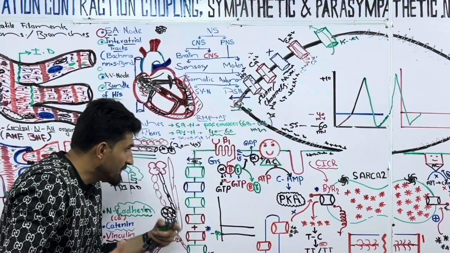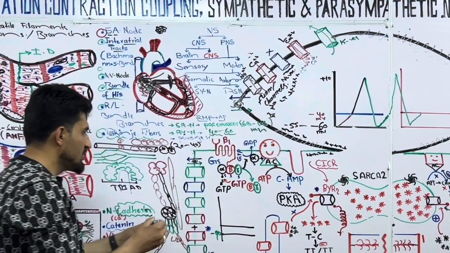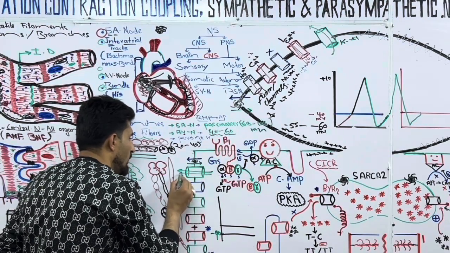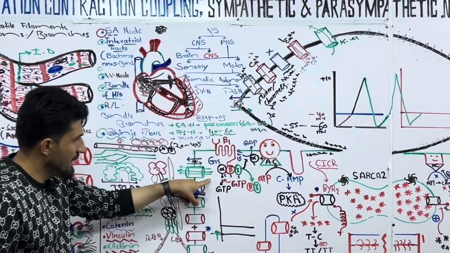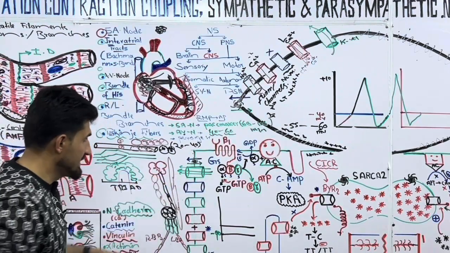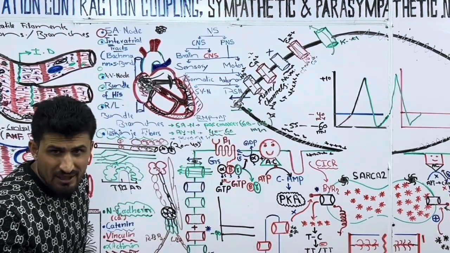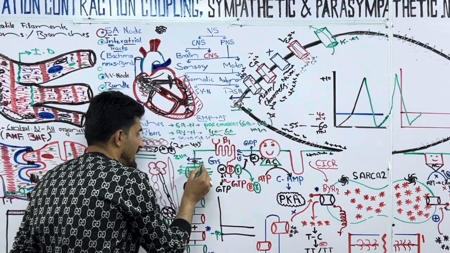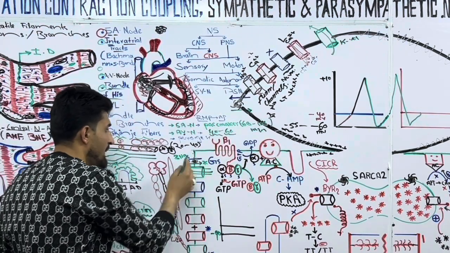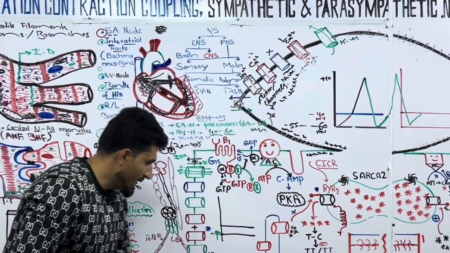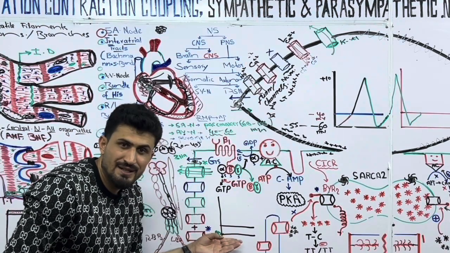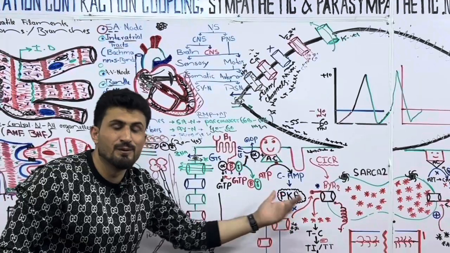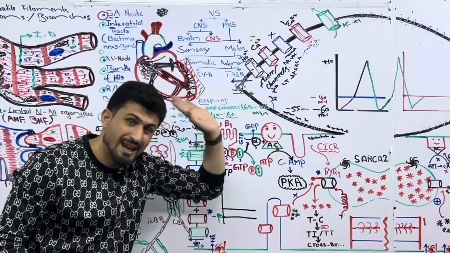Here we have only potassium leaky channels, and potassium is always going from the inside of the cell to the outside of the cell. Plus we have the sodium potassium pump, which pumps 3 sodium outside of the cell and 2 potassium inside of the cell, and both of them cause the resting membrane potential to be negative 90 millivolts, that we have explained in previous lectures.